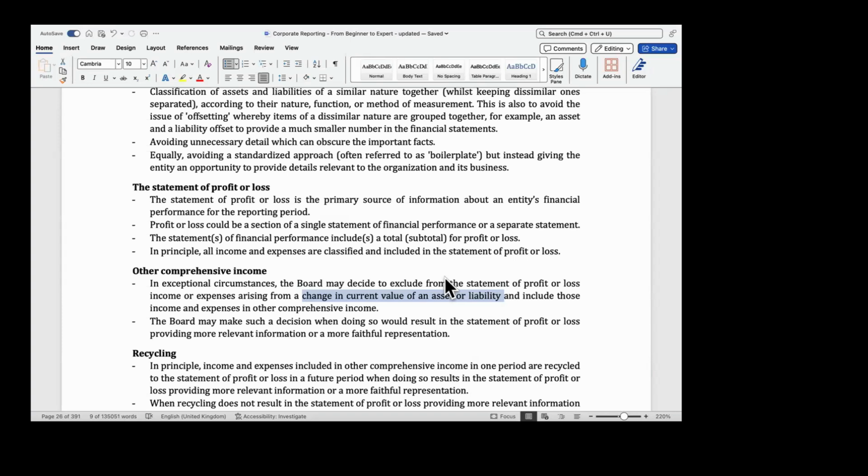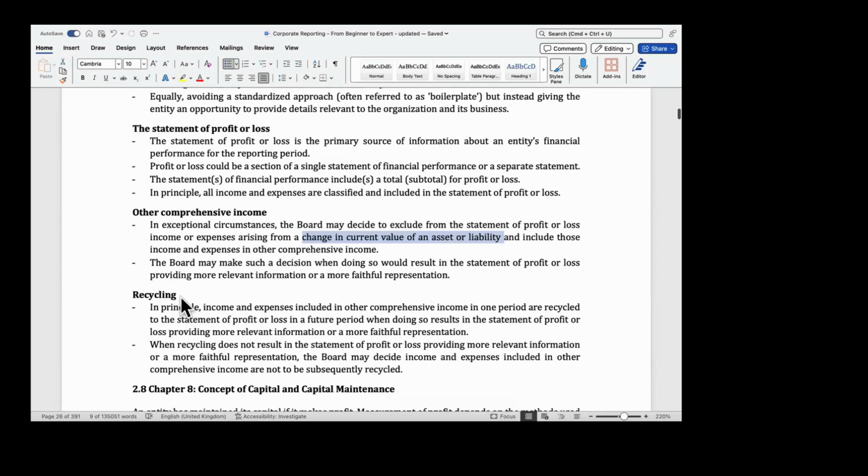You don't put that kind of income in P&L, put it in OCI so that at least users will know that, okay, this income is unearned. We have not earned it. And there's another concept called recycling, which is saying that this income you put in OCI, if it becomes earned, you can recycle it back to P&L.